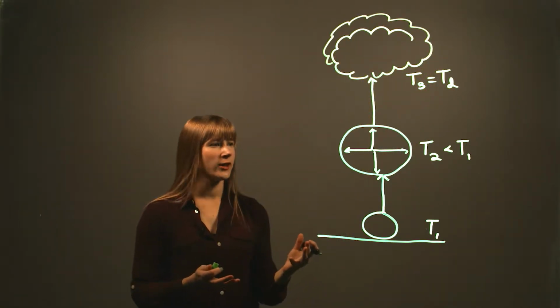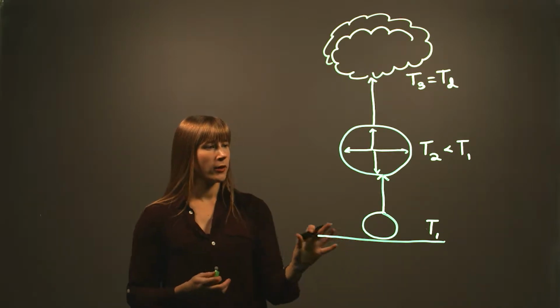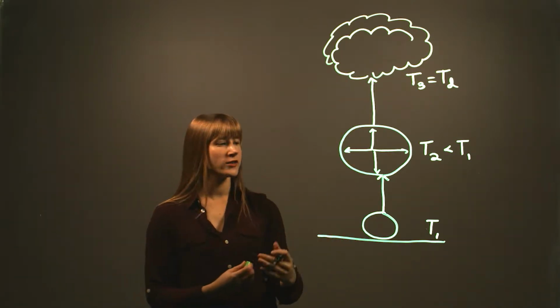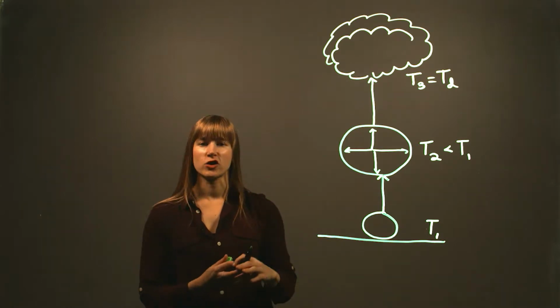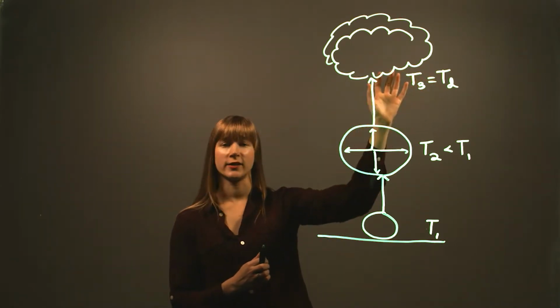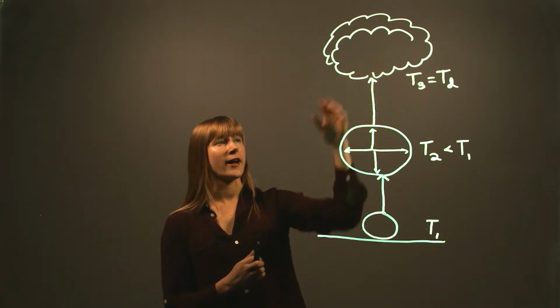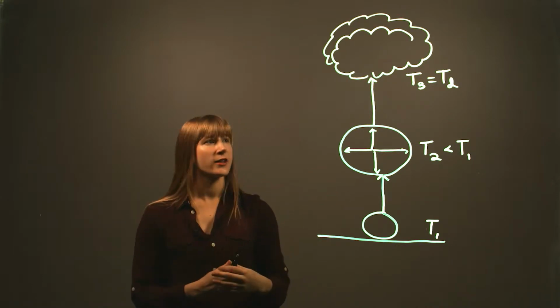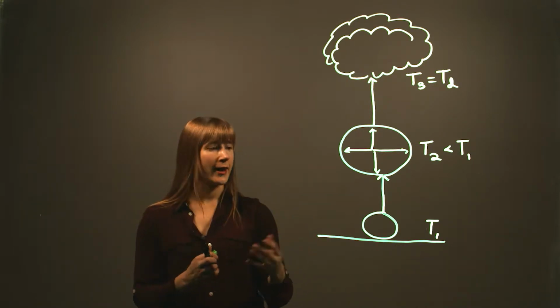So that's the general idea of how clouds form. Rising motion cools down air parcels, and eventually they cool to their dew points, they become saturated, they rise a little bit further, and condensation produces a cloud.